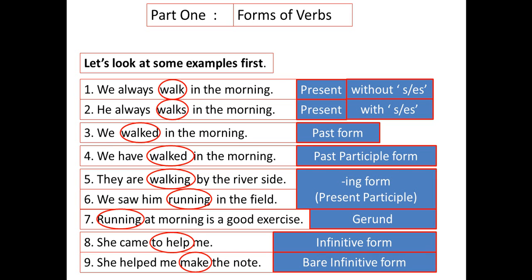So there are as many as eight kinds of verbs, and when you are going to write down something, you will have to put your verb into any one of these eight kinds. Okay, so let's move on to look at the verbs at a glance.